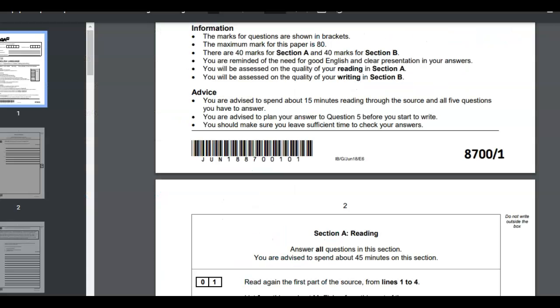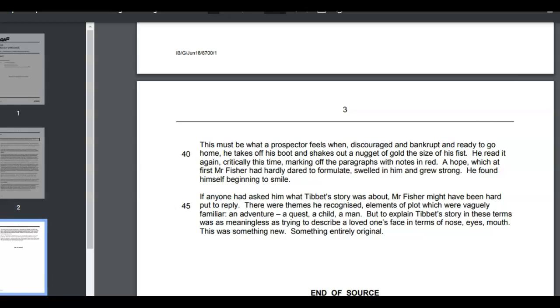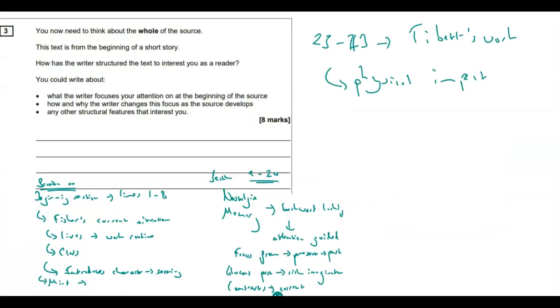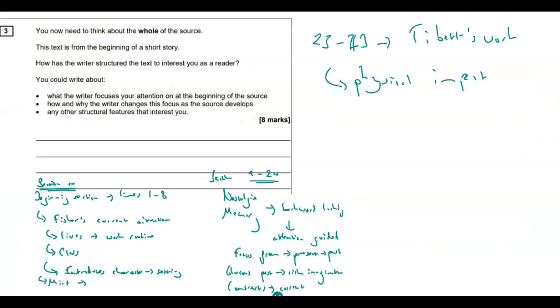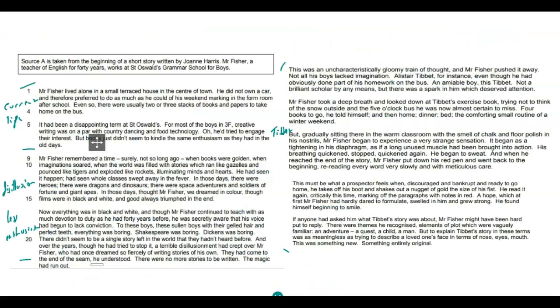So the intensity of the storytelling really has an effect on Mr. Fisher. We've got strange sensation, tightening, muscle, breathing quickened, sweating. Okay, I think it means a little bit much, I think, but anyway. Sweating, etc. Because maybe he's got so used to the lower quality of work, it really takes him by surprise.